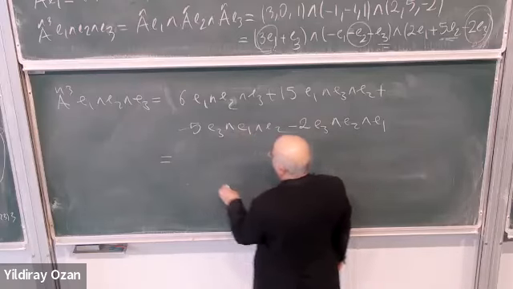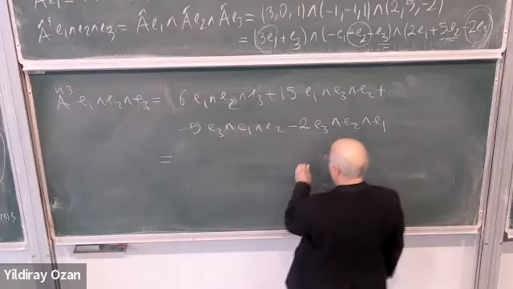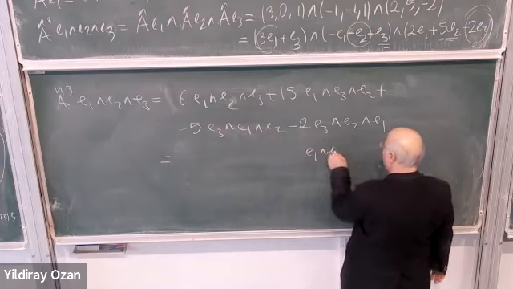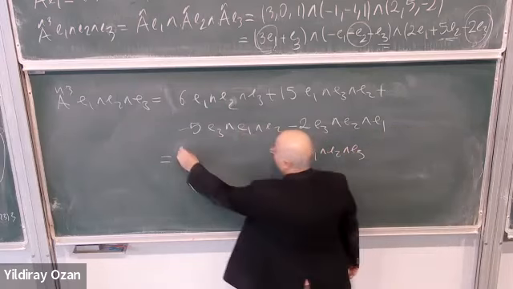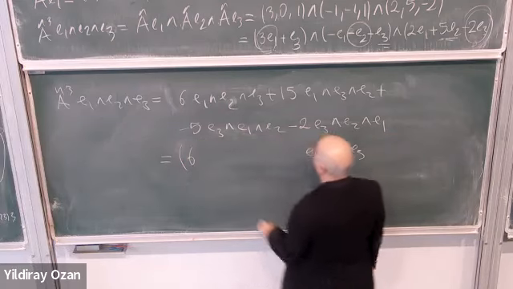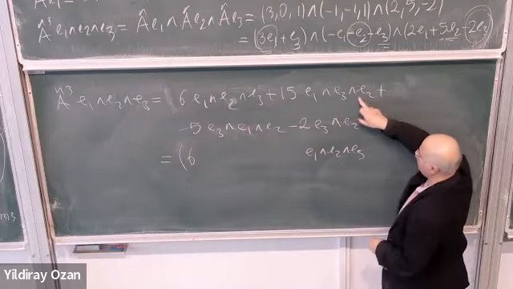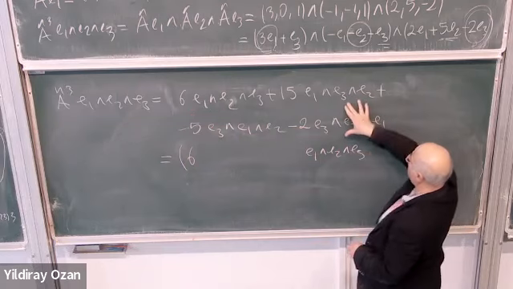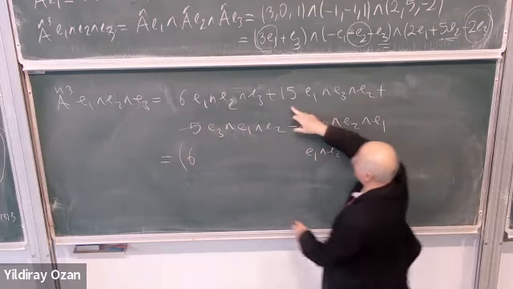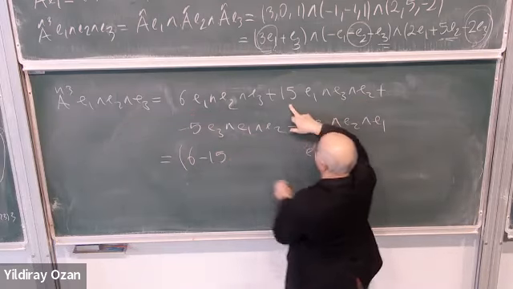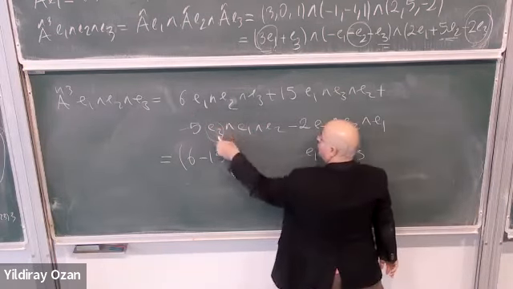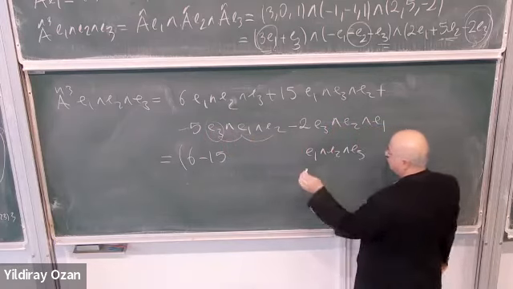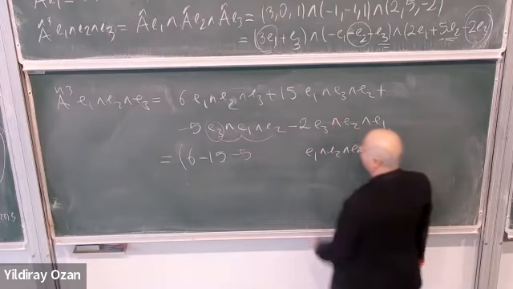And then, if I want to write all of them in this form, what will be the coefficients? 6 from here. To bring this one to this form, I have to just switch these two, so I have to pick up a minus sign. What about this one? This has to jump twice, so the sign will not change, minus 5.